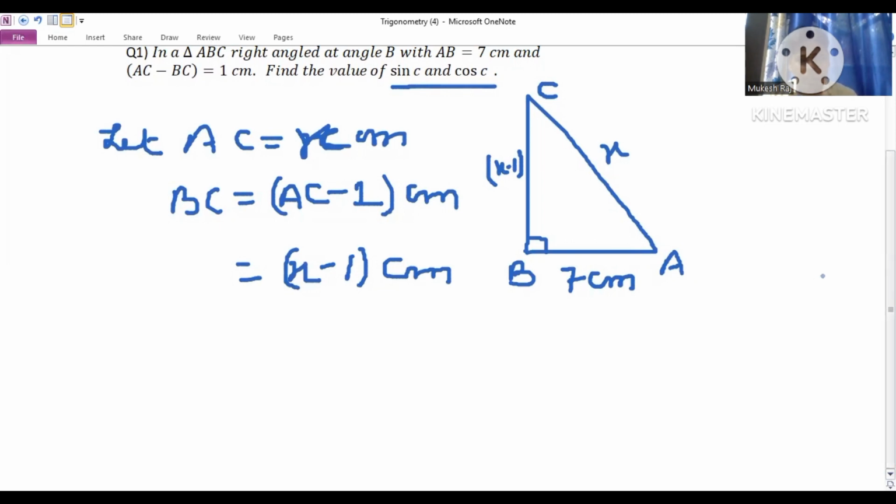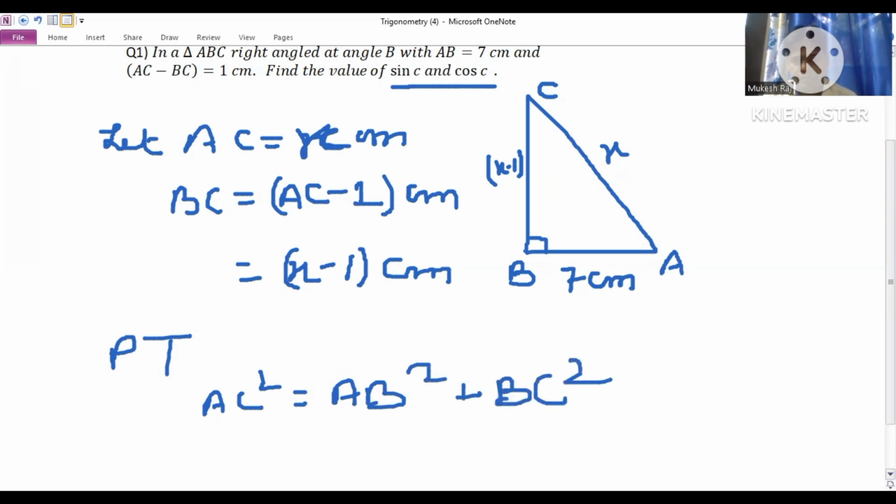The first thing is that in a right angle triangle, we know that by the Pythagoras theorem, that is PT in short, I can write AC square is equal to AB square plus BC square.